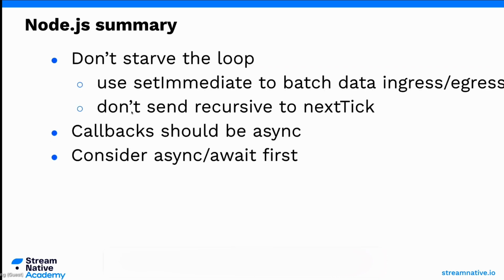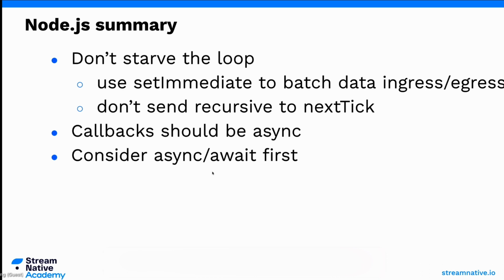Another thing is you set immediate to batch data, right? So setImmediate is for when you need to send data out of the server, or receive data and are waiting for data. Using setImmediate, right, to send data over. And don't send recursive callbacks to nested, right? If you have a recursive callback to nested, it's not going to come out.